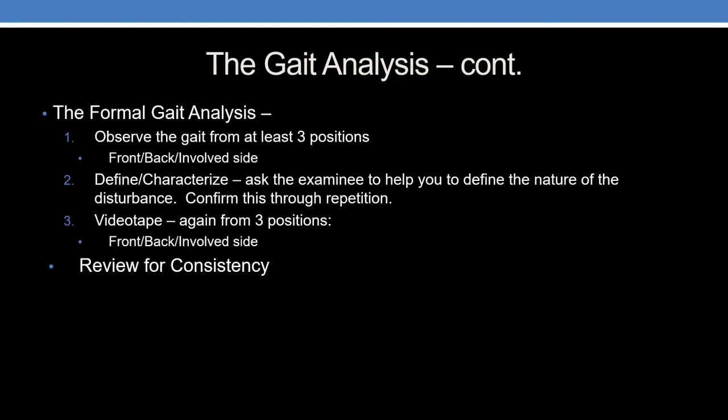Then, in the presence of some type of gait disturbance, you're going to ask the examinee to help you define or characterize the nature of the disturbance. This is sometimes not easy to do. As I said, you get better at it with time. But in the beginning, you might not be very good at defining or characterizing the gait disturbance.